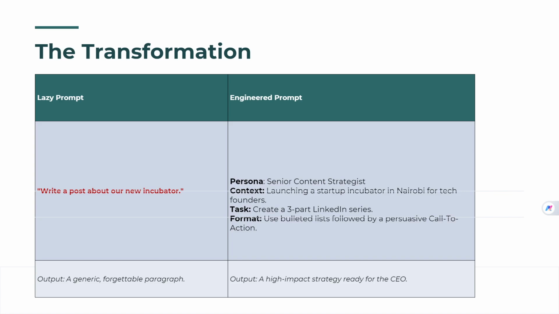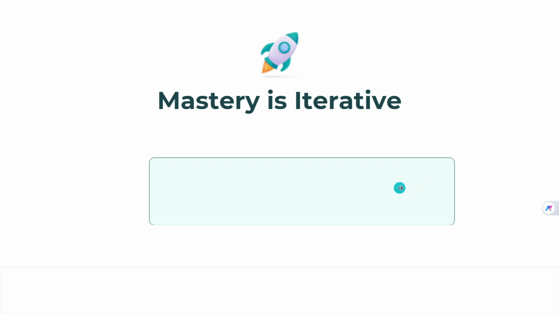If you were in this situation, which of these prompts would you have used? Or which of the outputs would you have presented to your CEO? Is it the generic one or the one that comes from the engineered prompt? So to wrap up, I would like us to know that mastery in prompt engineering is iterative.